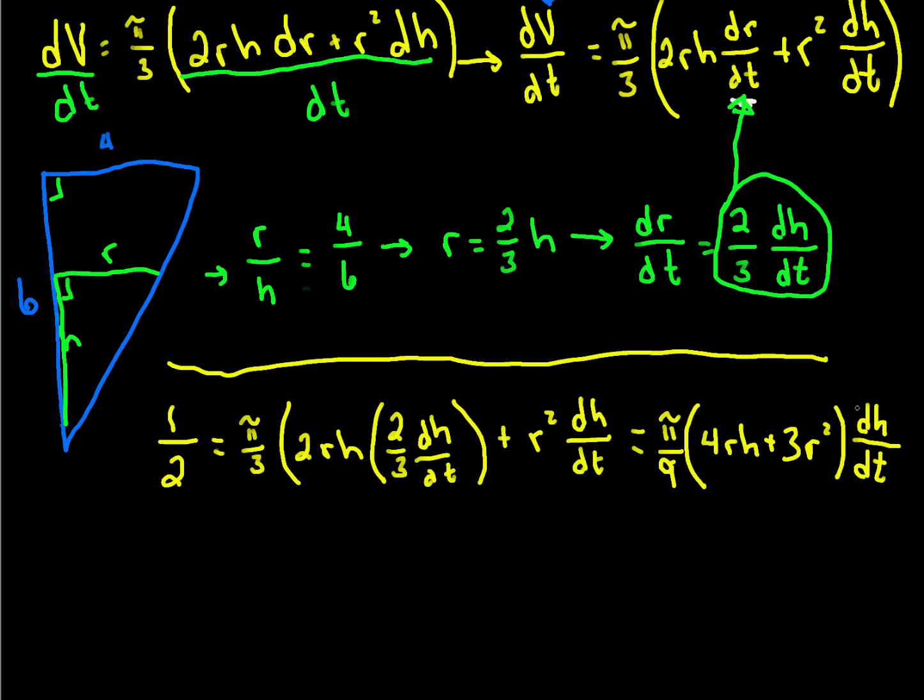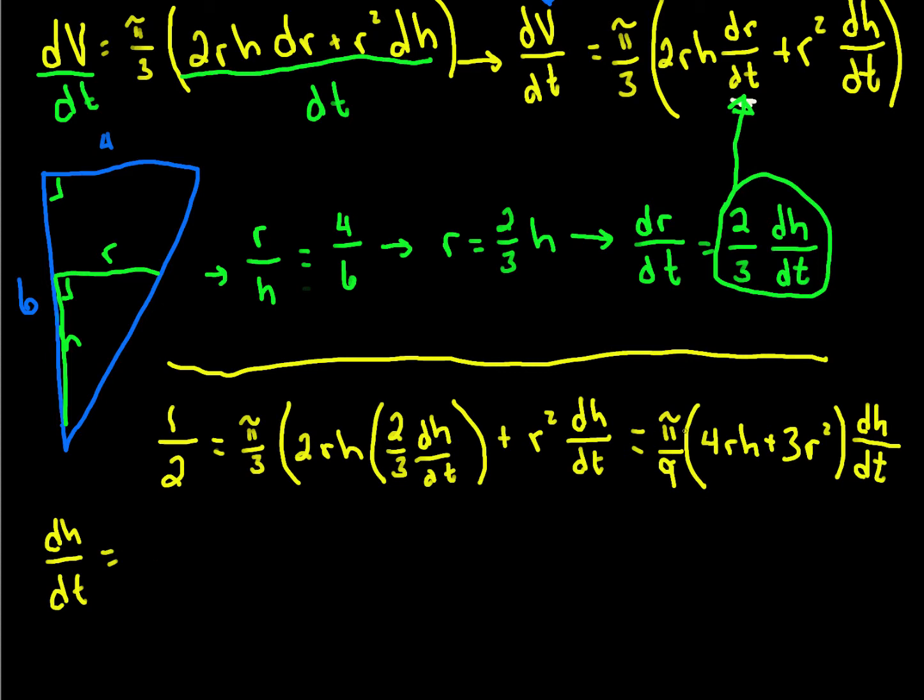So dh/dt, if I want to solve for it, right, I've got that 1/2 is equal to pi over 9 times the quantity 4rh plus 3r squared. And so this tells me that dh/dt, right, that's what I want to solve for.